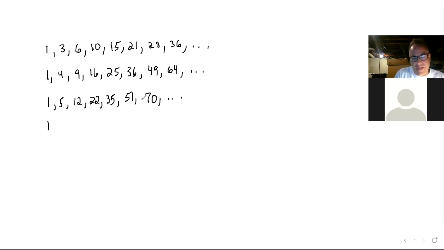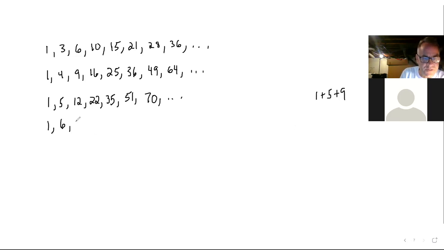Then by gaps of 3, 1 plus 4 plus 7 plus 10, etc. So here I would expect gaps of 4. That is, I would add up 1 plus 5 to get the second term here. And the third term would be 1 plus 5 plus, if I'm adding by gaps of 4, a 9.